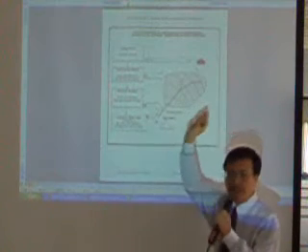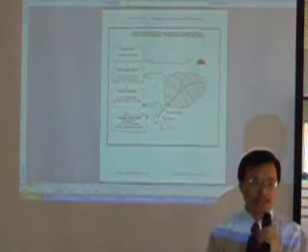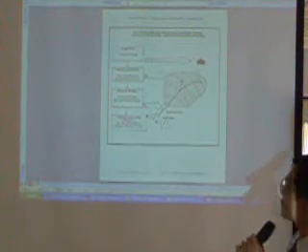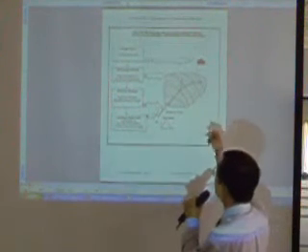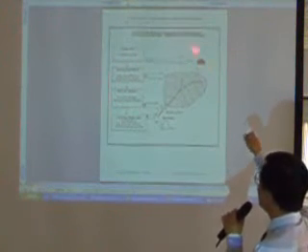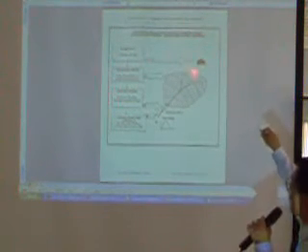This is just a schematic showing you the rainfall runoff process inside a catchment. You have a design storm falling onto the catchment.